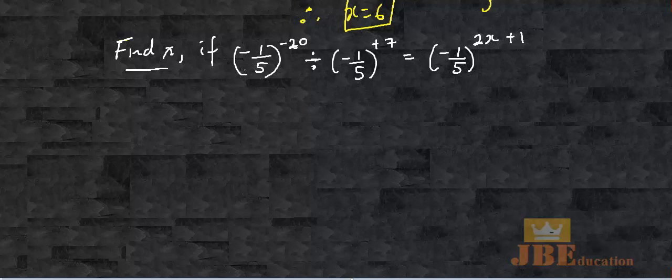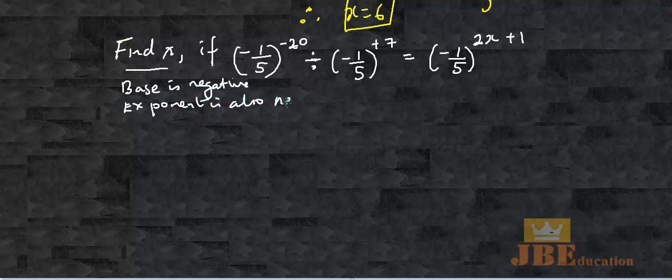Now, the base that you see here is negative, and the exponent that you see here is also negative, right? So this is another new type that you have to learn.